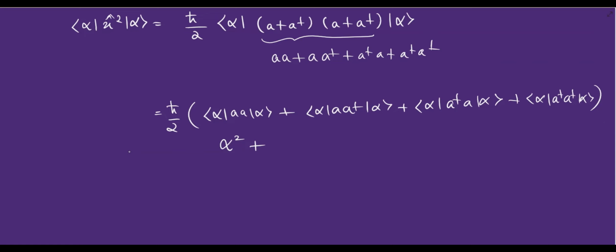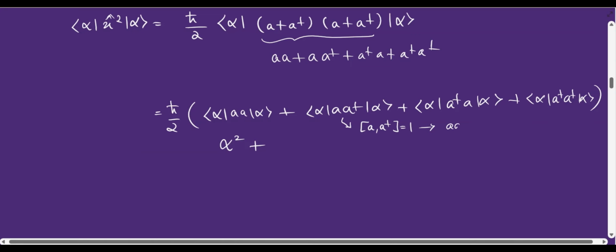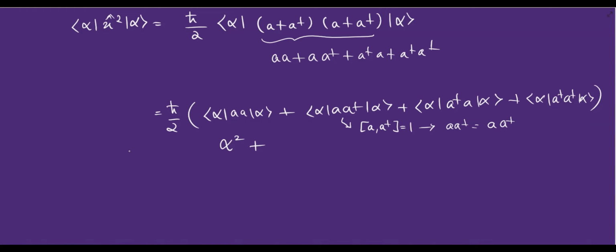Now this can be written using the commutator relation: a a dagger is equal to a dagger a plus 1.